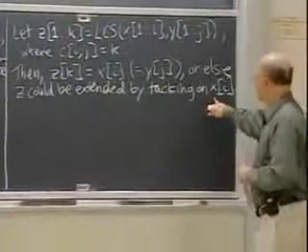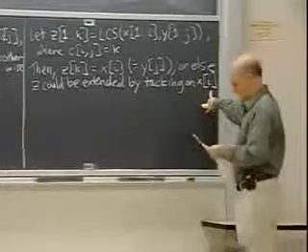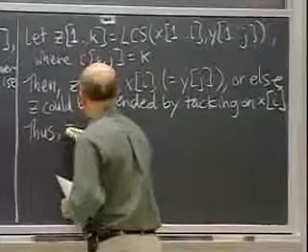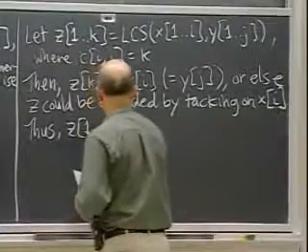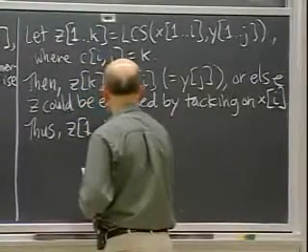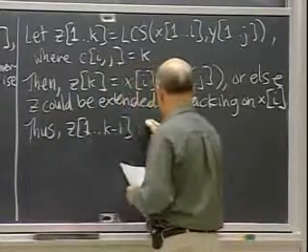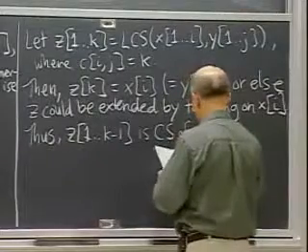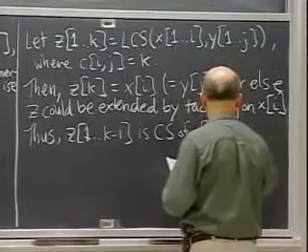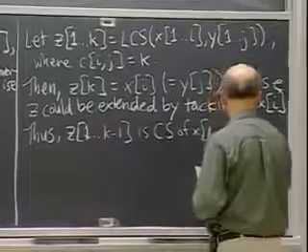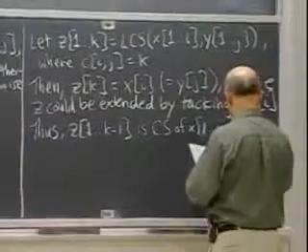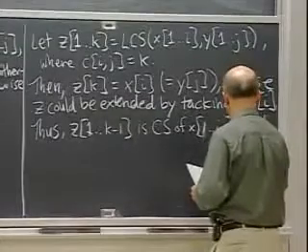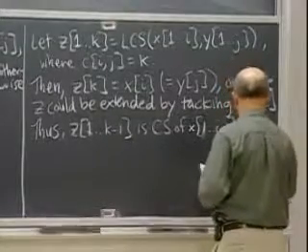Okay, so if that's the case, then if I look at z going 1 up to k minus 1, that's certainly a common sequence of x of 1 up to i minus 1 and y of 1 up to j minus 1.